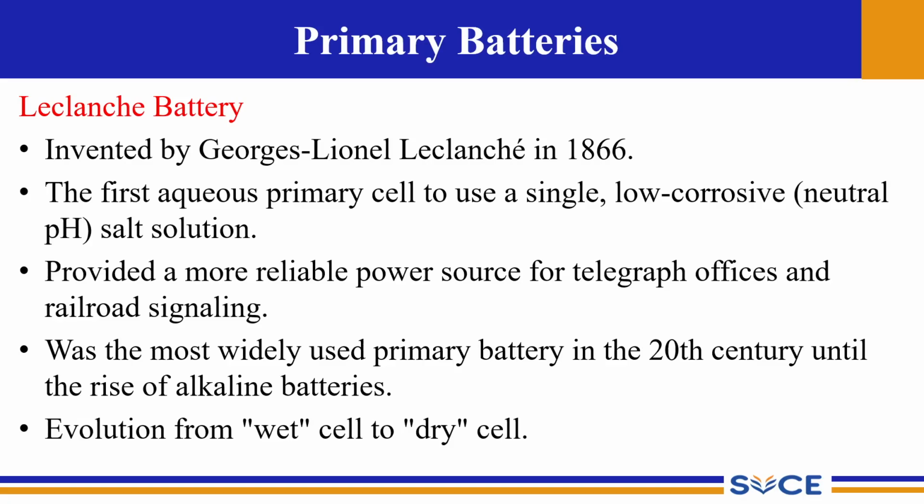A key aspect of its history is the evolution from the wet cell to a dry cell. The original Leclanché cell actually used a liquid electrolyte. The development of the dry cell is credited to a person called Carl Gassner. He made these batteries more portable, unbreakable, and spill-proof, which significantly expanded its range of applications.